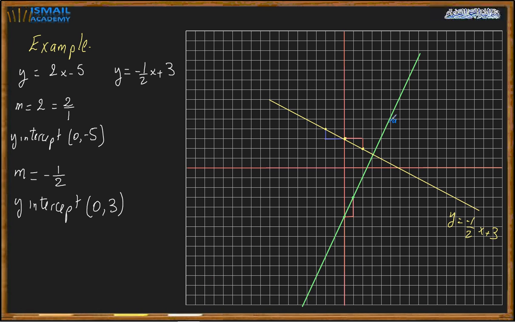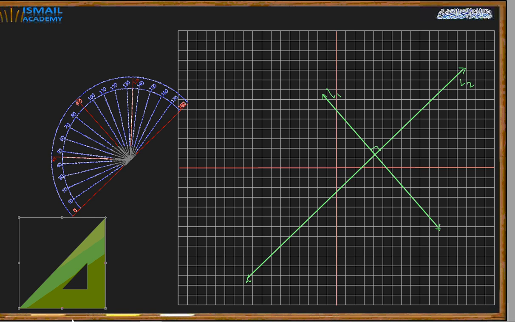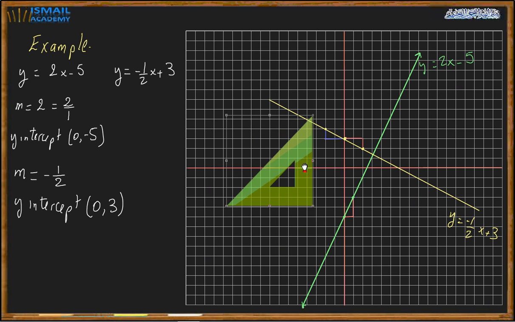And the equation of the first line is y equals 2x minus 5. Alright, are they perpendicular? Let's check. Let me pick the triangle and put a triangle here to check if it's perpendicular or not.